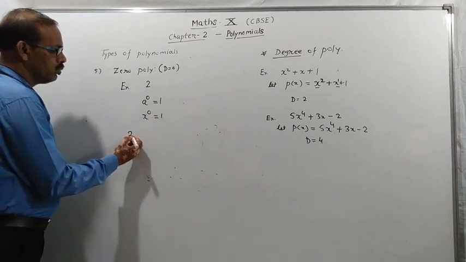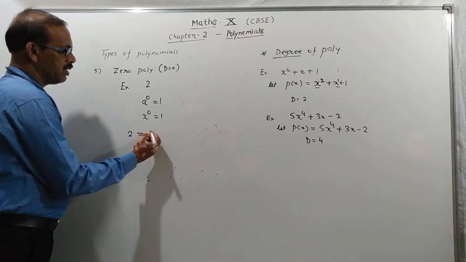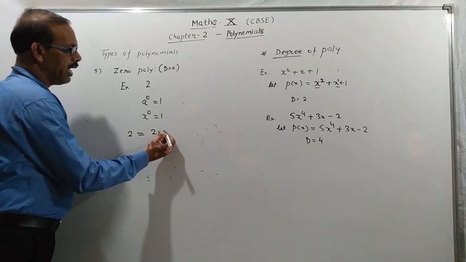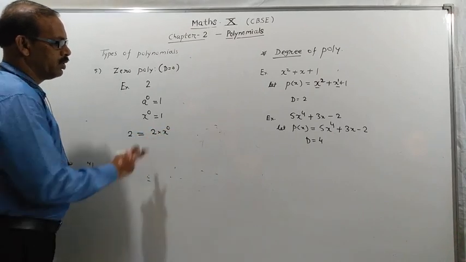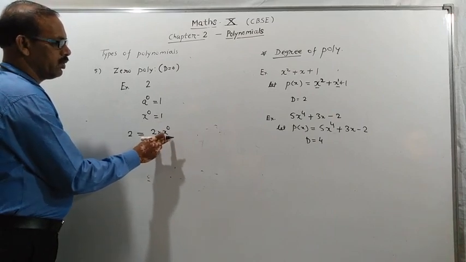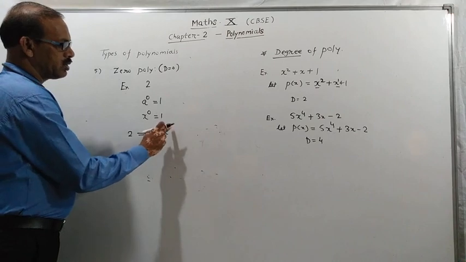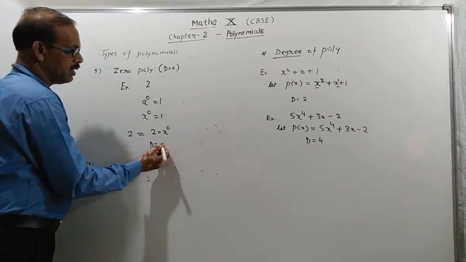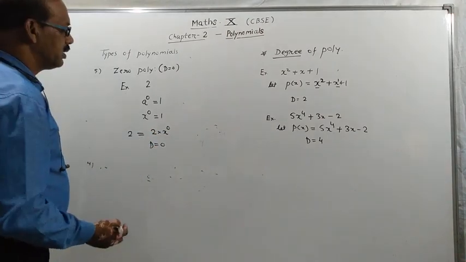Therefore, this 2 can be expressed as 2 into x to the power 0. So 2 into x, and its power is 0. Therefore, the degree of this polynomial is 0.